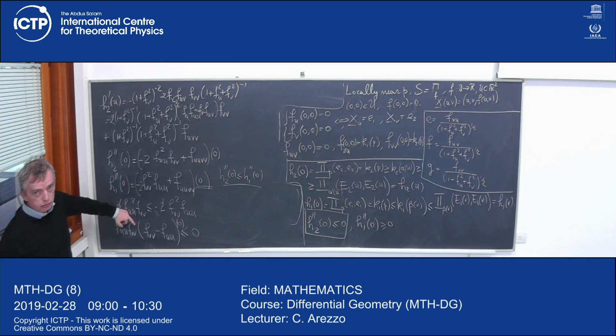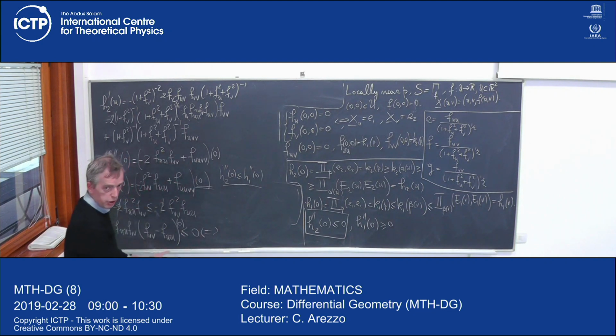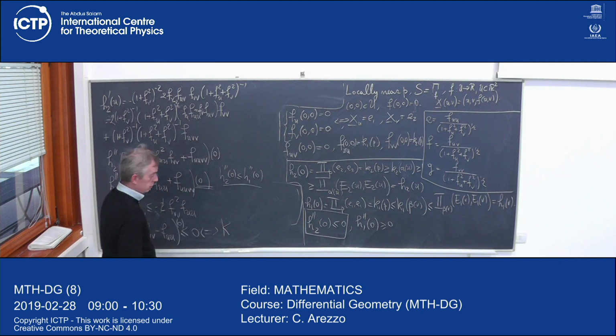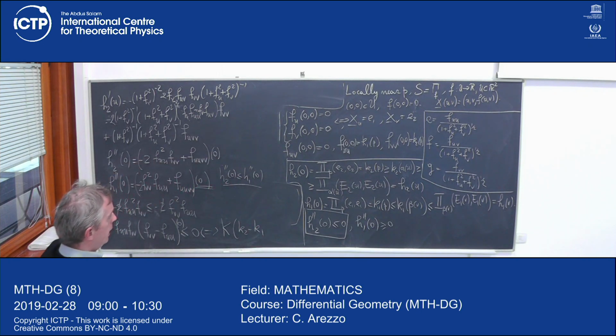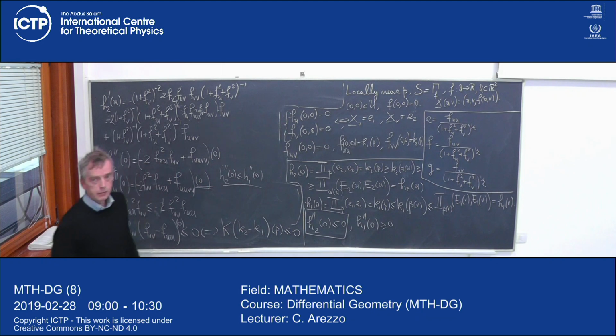K1, K2 times K2 minus K1. So this is the same thing, because it's evaluated at the point P, of the Gauss curvature times K2 minus K1, or vice versa, K2 minus K1, no, that's the one I like, at the point P, less than or equal to 0.